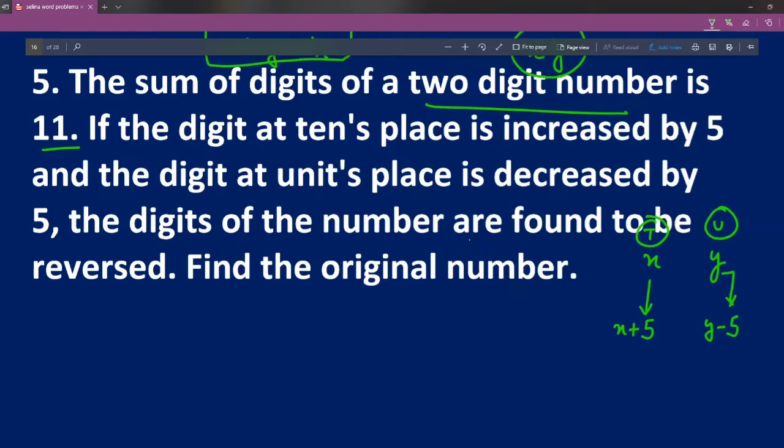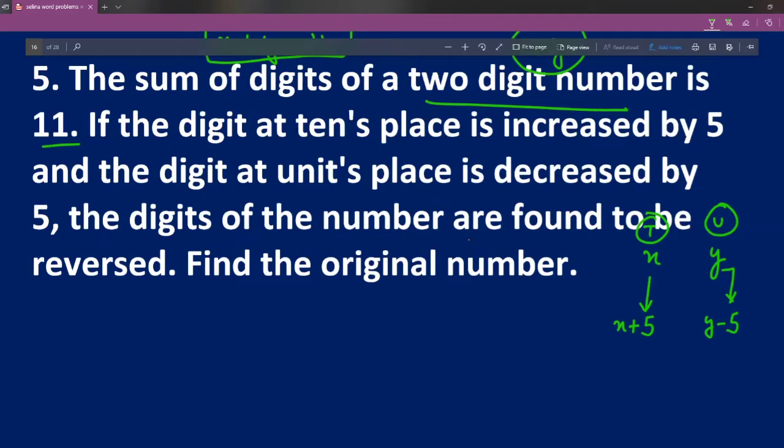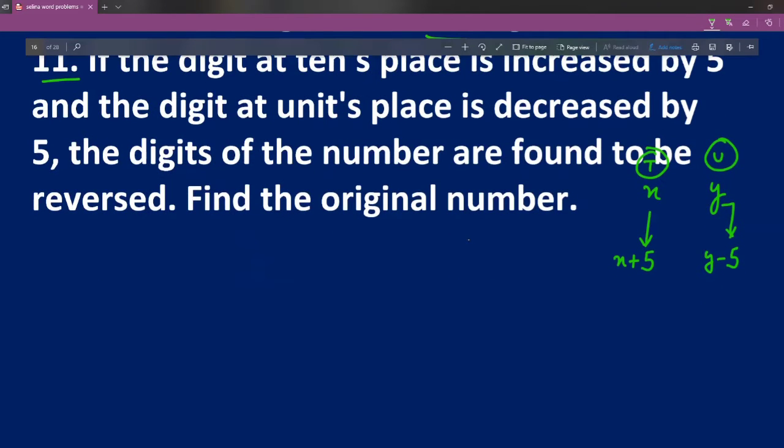The digits of the number are found to be reversed, so this new number would actually be equal to yx. Just keep watching this, and once this question is finished, try to look at the solution again, then you will understand it fully.